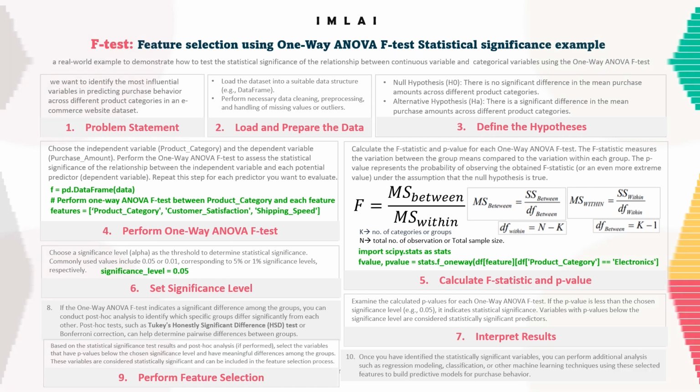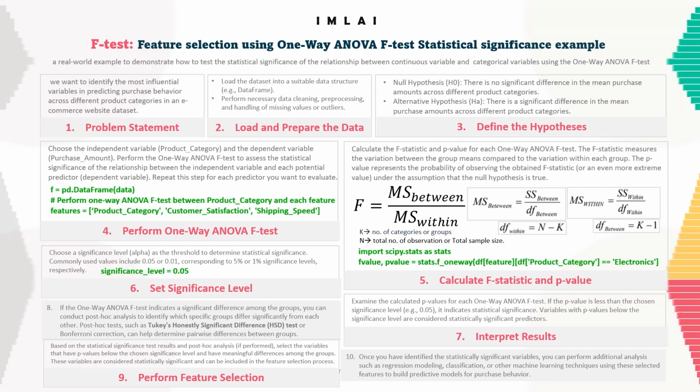Then the final step is further analysis. Once the statistically significant features are identified, you can perform additional steps such as regression modeling, classification, or other machine learning techniques using these selected features to build predictive models for purchase behavior.